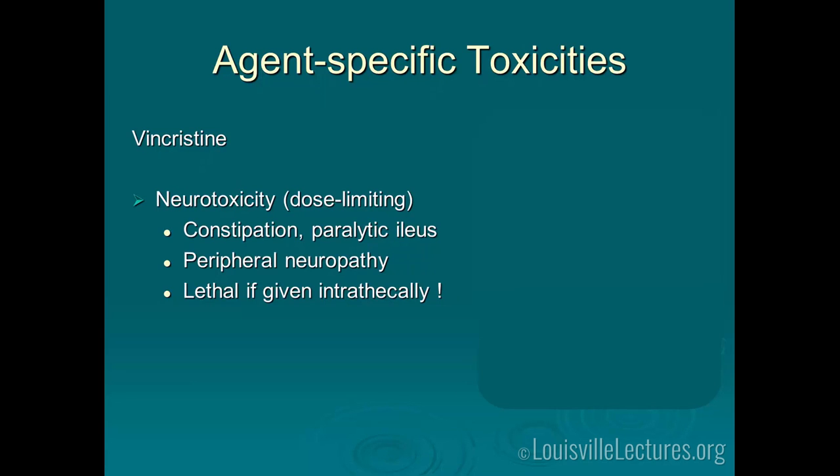Every year, there's about 2 people in the United States who die because of vincristine being given by the wrong route. It happens, and it is a career-ending offense in certain situations. So you don't want to be the person who does this. It still happens, unfortunately.